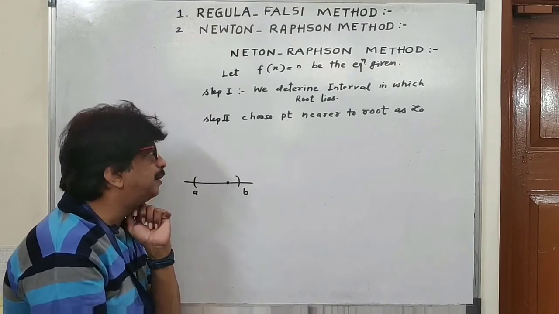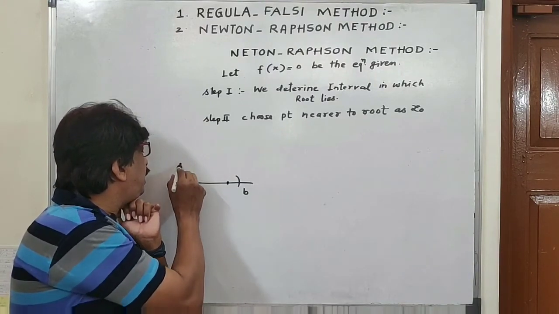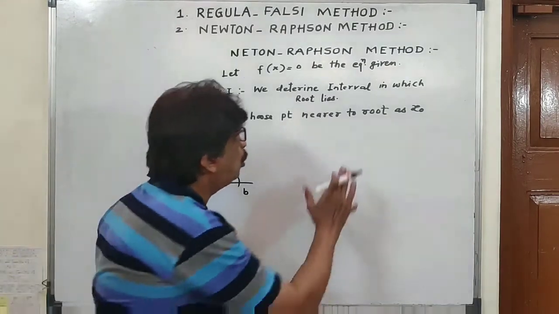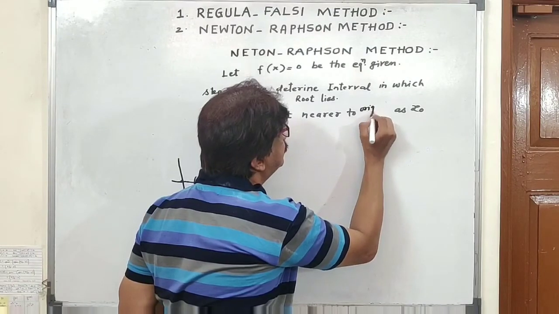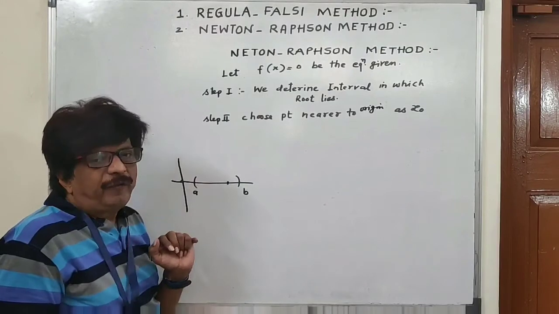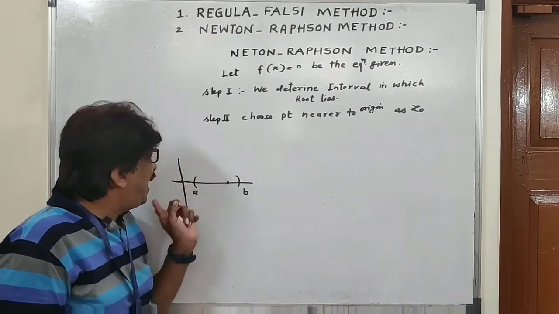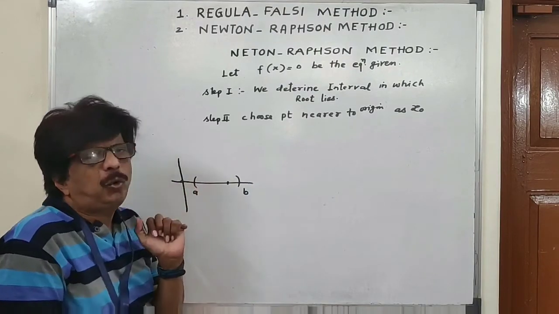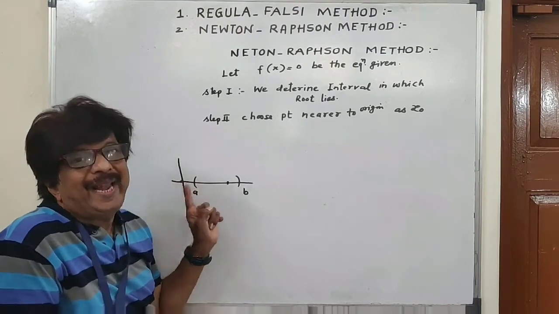So we choose the point nearer to the root, or perhaps nearer to the origin. If this is the interval and these are the axes, something like this, here we see that the point A is nearer to the origin. So we take this point A as x0.